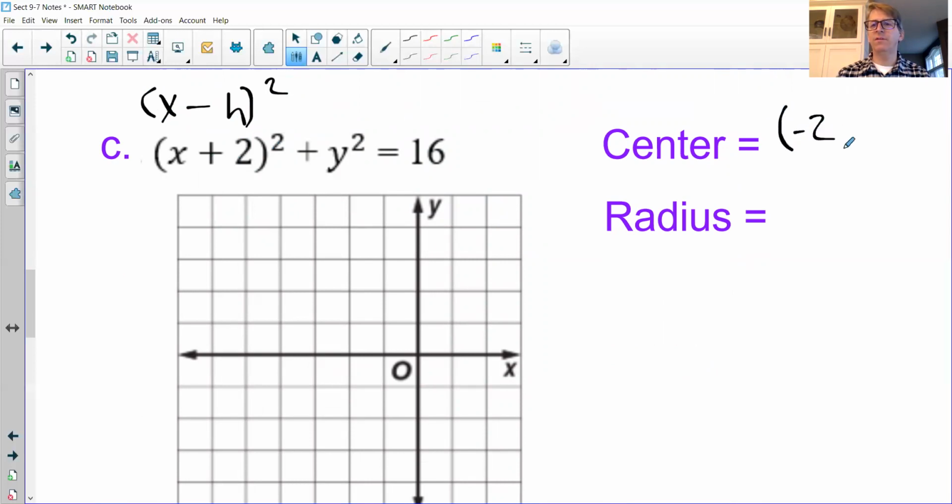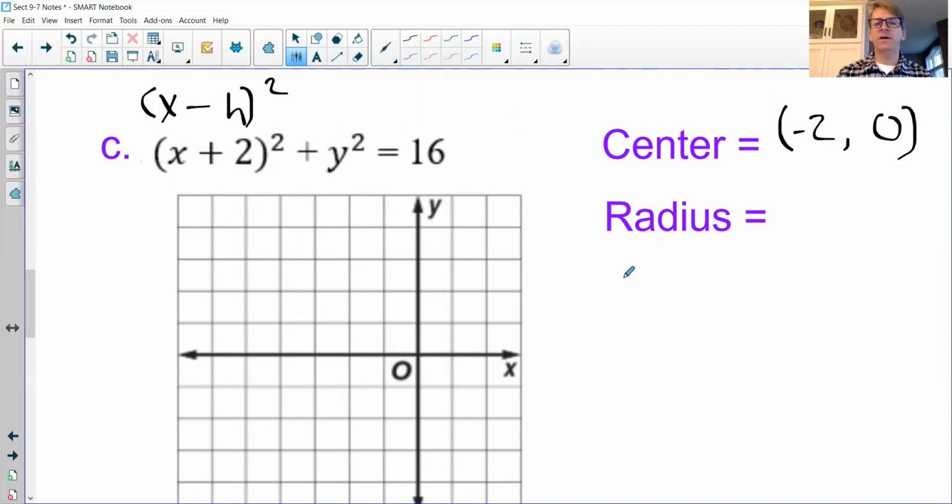If you're going to subtract a negative, that's going to get you that positive 2. So when you do that, you end up with negative 2 as your x coordinate of the center. And it's easy to see the k because that's y squared, so that's at 0.